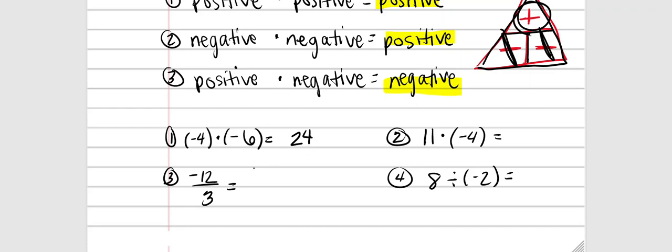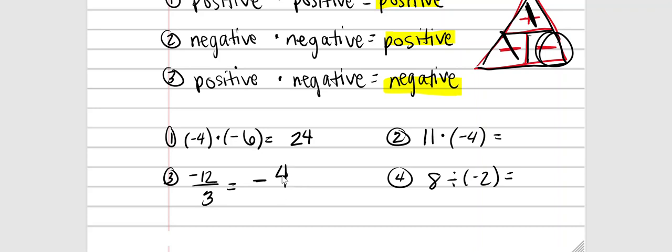Looking at the next example, I have negative 12 divided by 3. 12 divided by 3 I know is 4, but let's figure out the sign. If I have a negative 12 divided by a positive 3, my remaining sign is a negative. So my answer would be negative 4.